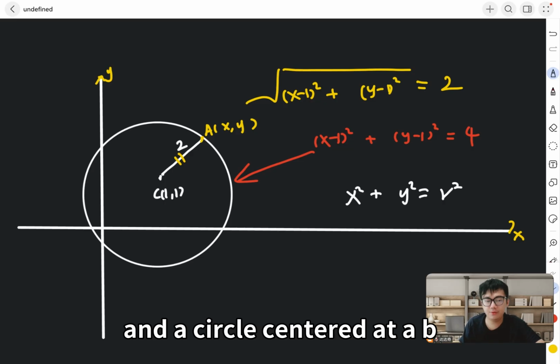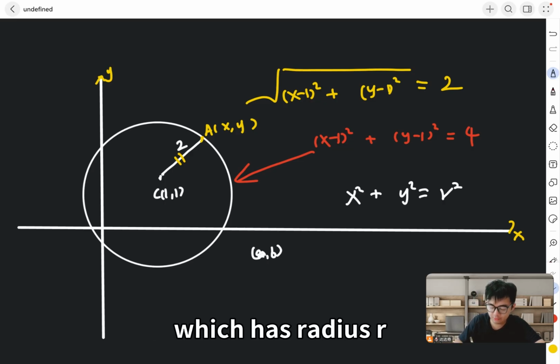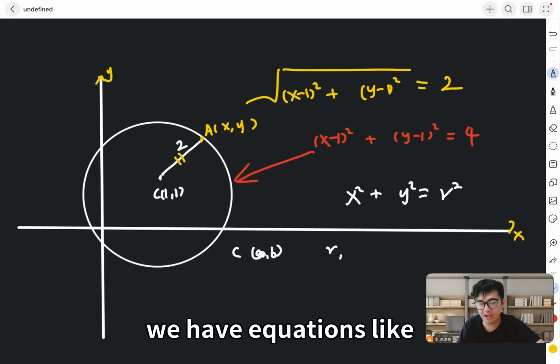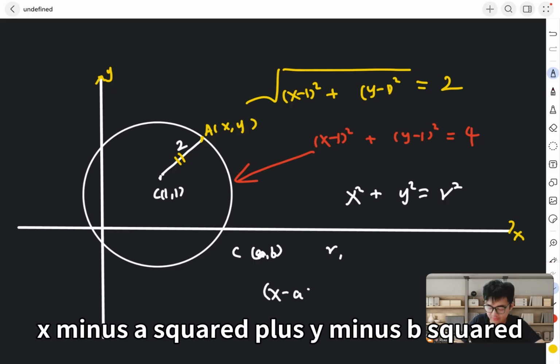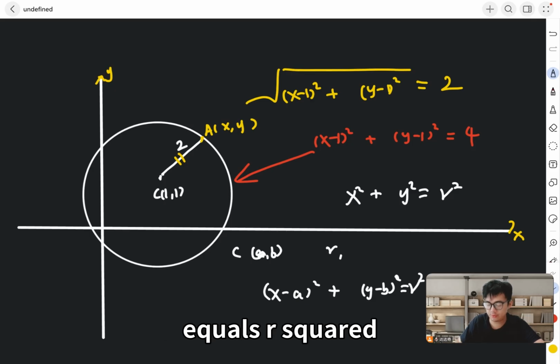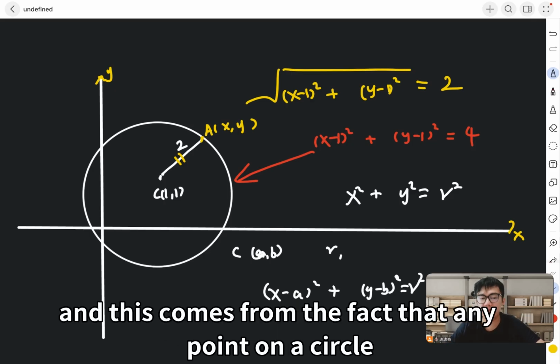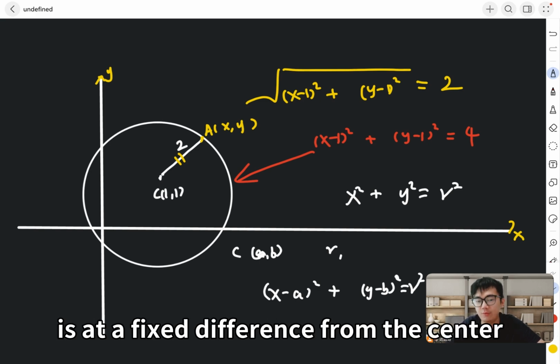And a circle centered at (a, b) with radius r will have the equation (x minus a) squared plus (y minus b) squared equals r squared. This comes from the fact that any point on a circle is at a fixed distance from the center.